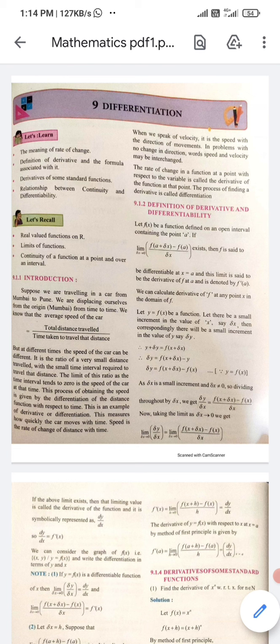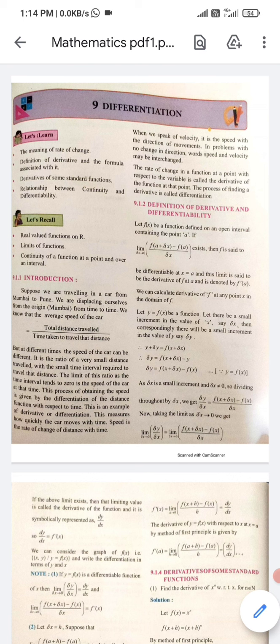Limit h tends to 0, x raised to n plus nC1 x raised to n minus 1 into h plus nC2 x raised to n minus 2 h square plus and so on plus h raised to n, minus x raised to n, divided by h. Then x raised to n minus x raised to n gets cancelled.